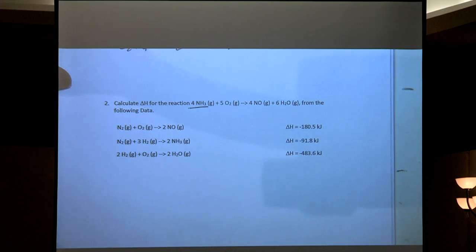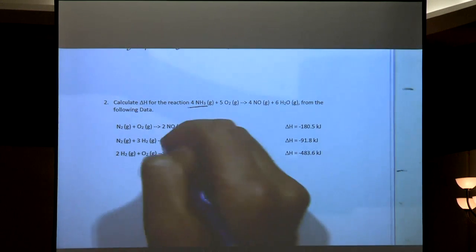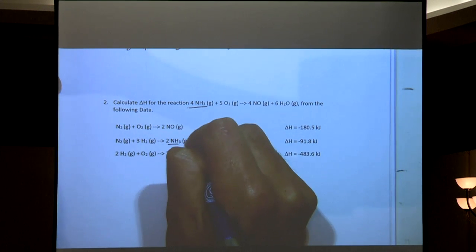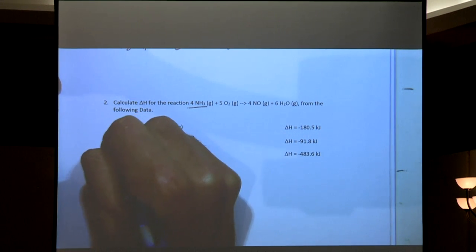Where's NH3 in these? It's in the second one. Is it on the correct side or the wrong side? The wrong side. And is it in the correct proportion or the wrong proportion? Wrong proportion. So what do I have to multiply this reaction by, and the number by?